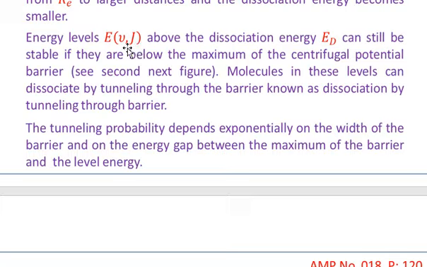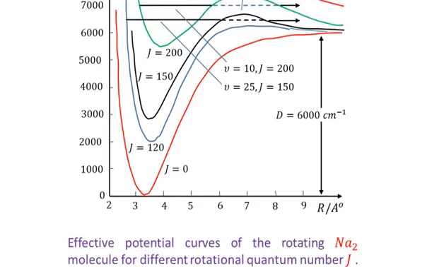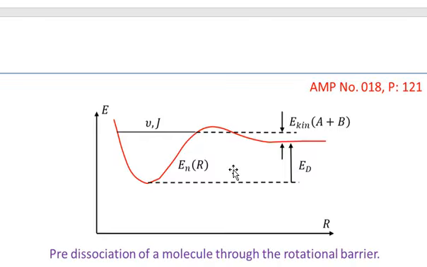The energy level E, which I have shown you as a function of the quantum numbers V and J, which lies above the dissociation energy ED, can still be stable if it is below the maximum value of the centrifugal potential barrier. And here is the centrifugal potential barrier. This part of the barrier that lies above the value of the dissociation energy is called the centrifugal potential barrier.